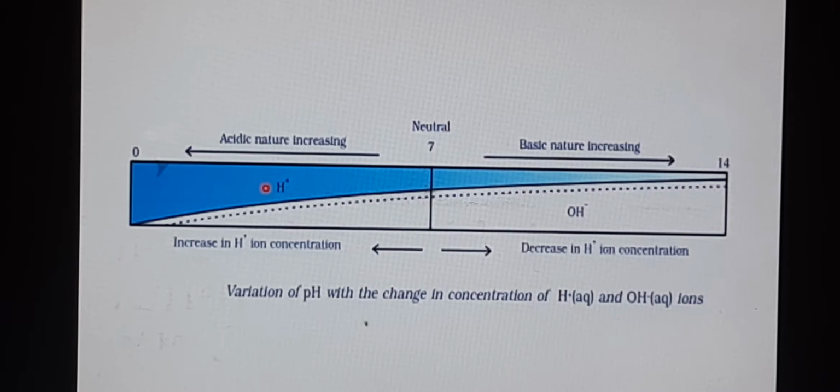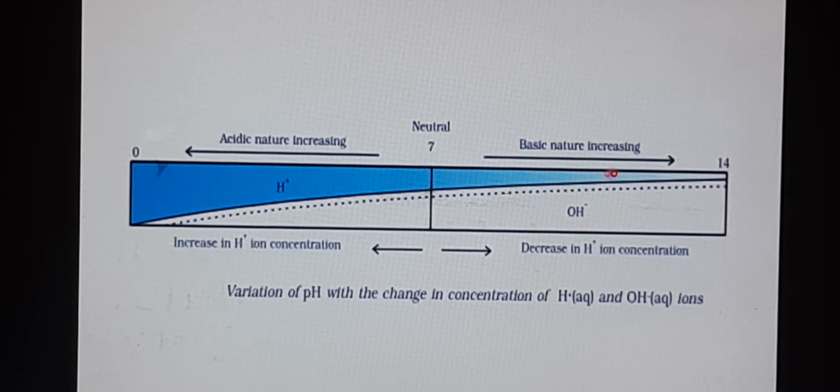On the contrary, if the pH value of any substance is from 7 to 14, or you can say 8 to 14, the concentration of OH negative ions is more, due to which it will show basic character. You just have to remember one thing: H positive ions are responsible for the acidic character, and OH negative ions are responsible for the basic nature of a substance.